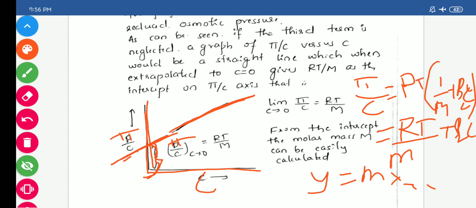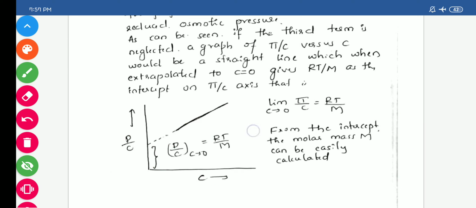That intercept is nothing but RT by M. It corresponds to the limit C tending to 0: the concentration varies along the x-axis, and if you extend the line to the y-axis, the concentration is equal to 0.